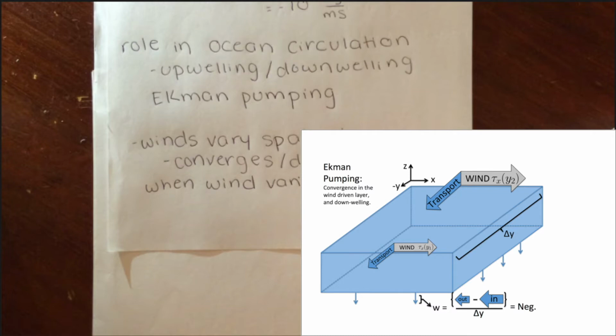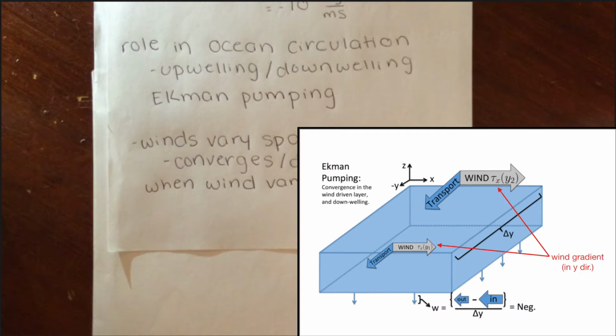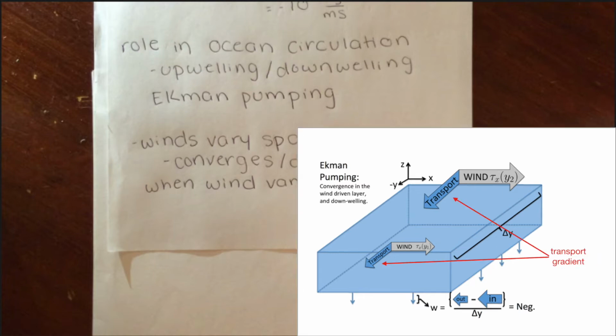To visualize this, imagine we have our three-dimensional ocean here. We have a gradient in our wind stress in the y direction such that the wind is stronger at y2 than at y1. Because our net transport is dependent on the magnitude of the wind stress, the Ekman transport in the x direction will also have a gradient. The transport will be larger at y2 than at y1.